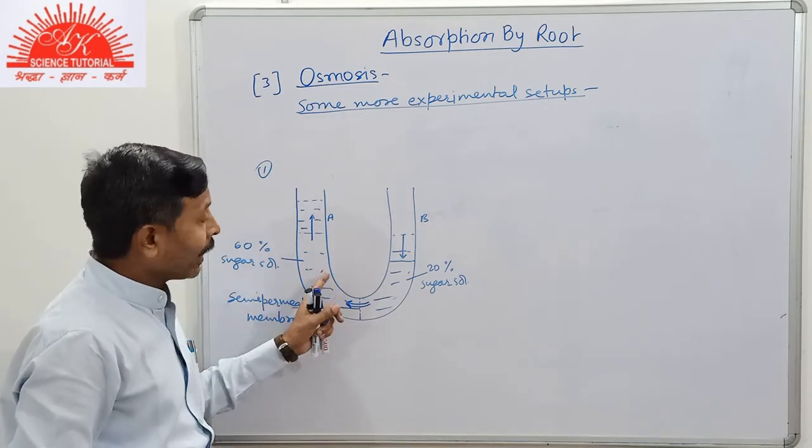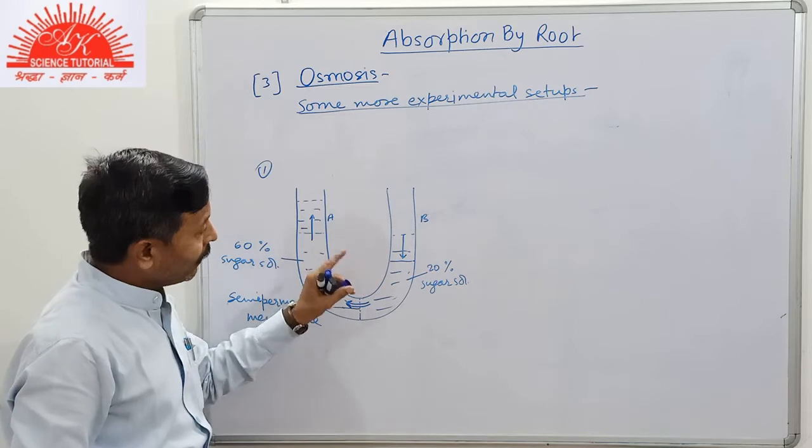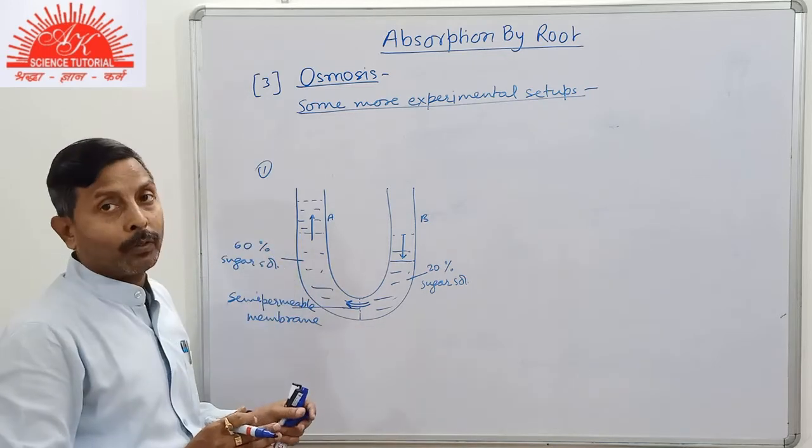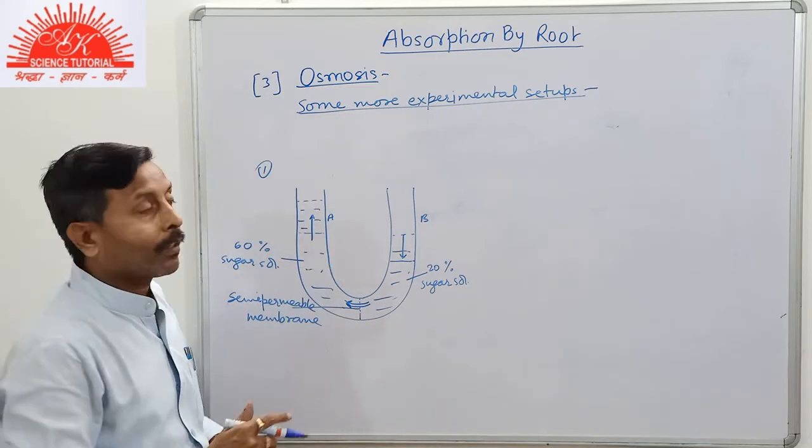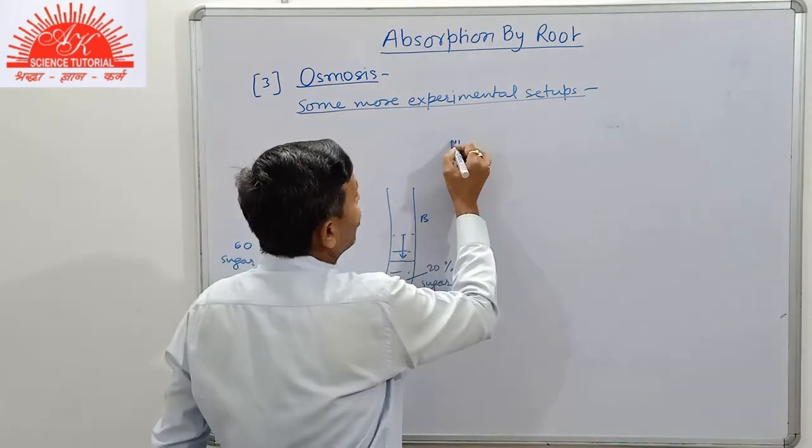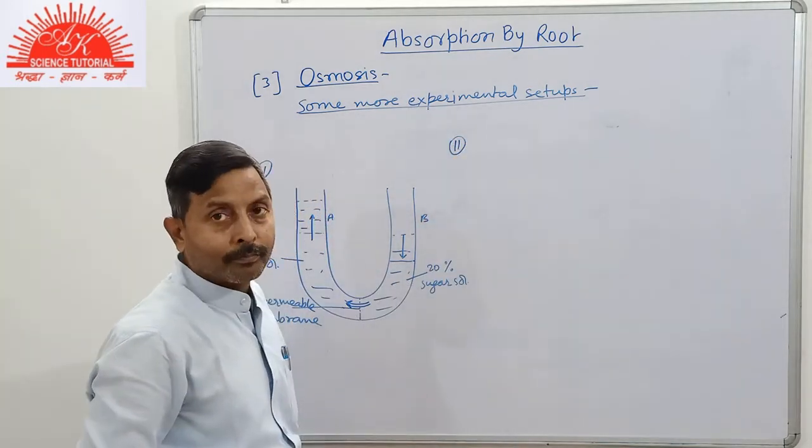Now other questions, like control and other things, can be explained in a similar way as the first experiment. Now suppose there is a second experimental setup.